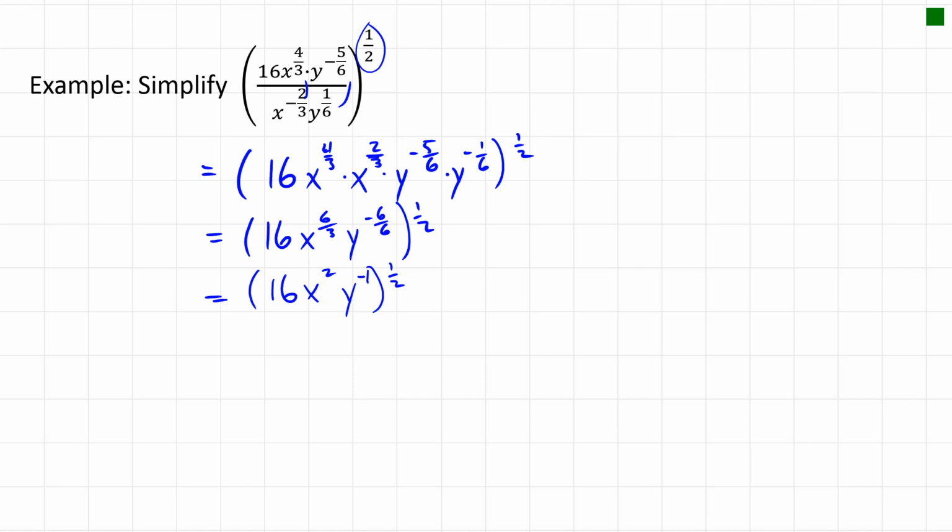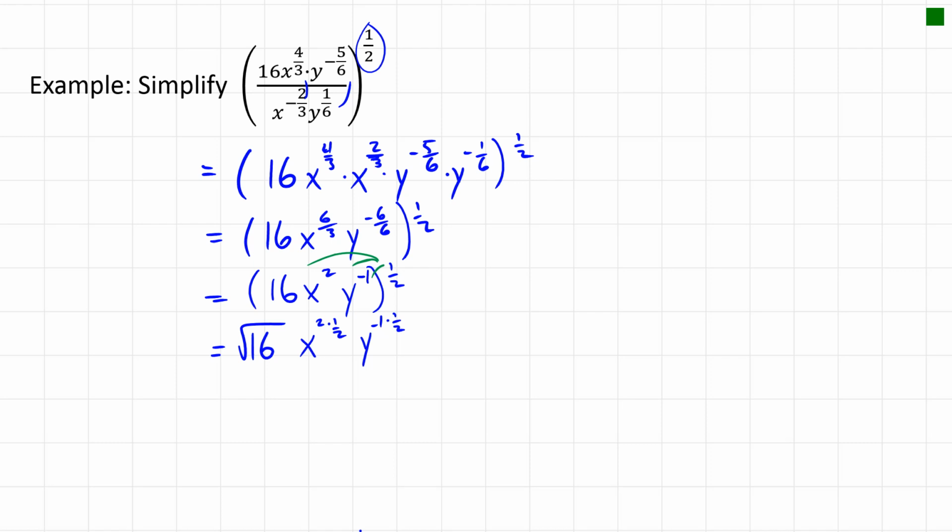And now that I have such a simple monomial in my brackets, it's really easy for me to apply that 1/2 to each part of the brackets. So 16 to the 1/2, I'm already seeing that that's the square root of 16. And then x squared to the 1/2 and y to the negative 1 to the 1/2.